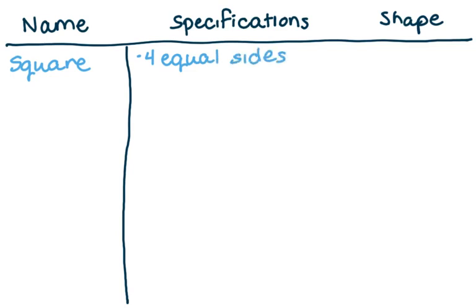Now, I want to stop right there for a minute. The word equal has another name, and I'm going to switch pages real quick. Another word for equal that you're going to see the older you get is the word congruent. Congruent means the same thing as equal.